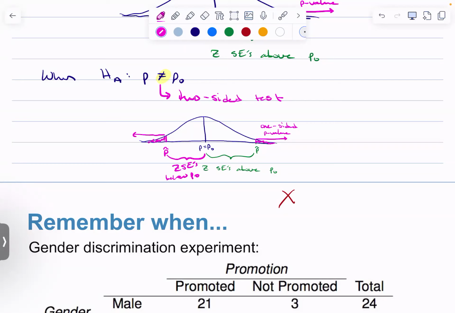A couple of ways you could do it. You could find the one-sided p-value and then multiply it by 2, by symmetry. So here's another one-sided p-value.